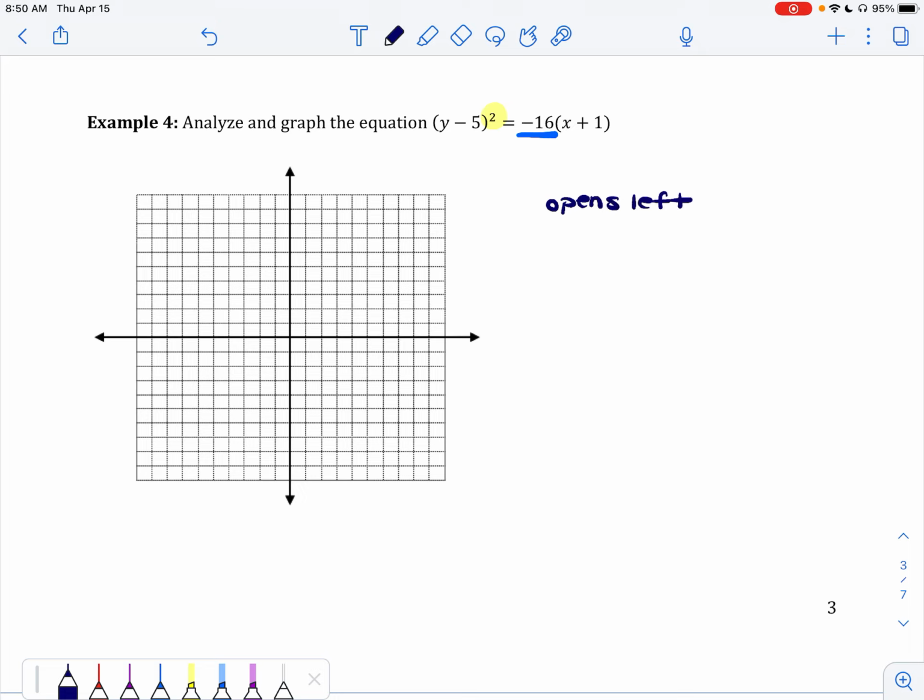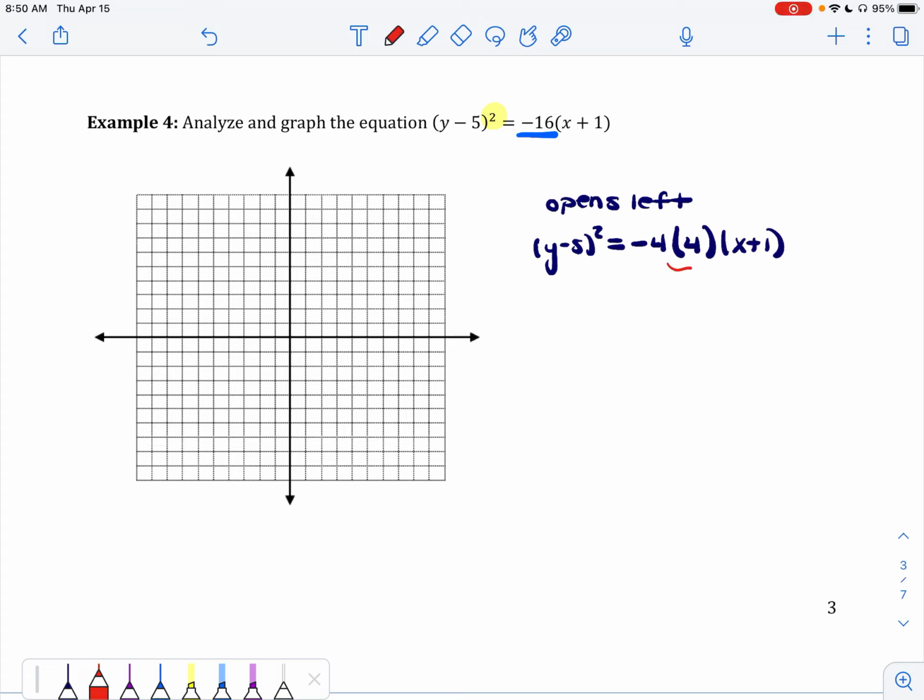Okay. So next we need to find our p-value. So let's rewrite our equation. We'll rewrite the -16 as -4, that's just the constant that is in every parabola, and in order to get to 16, -4 times 4 would get us there. And we'll still have times the (x + 1).